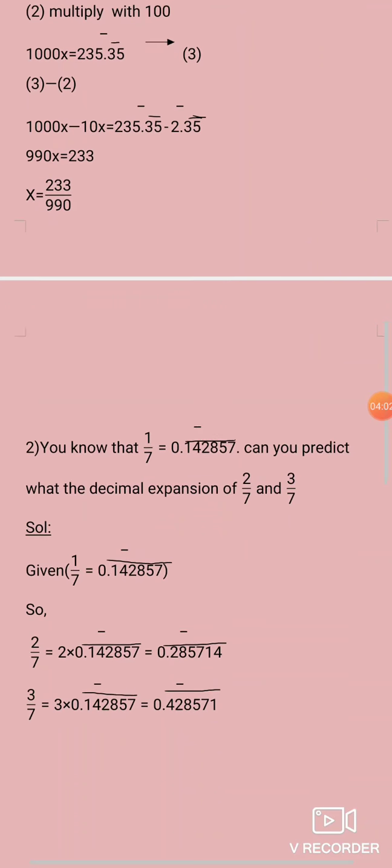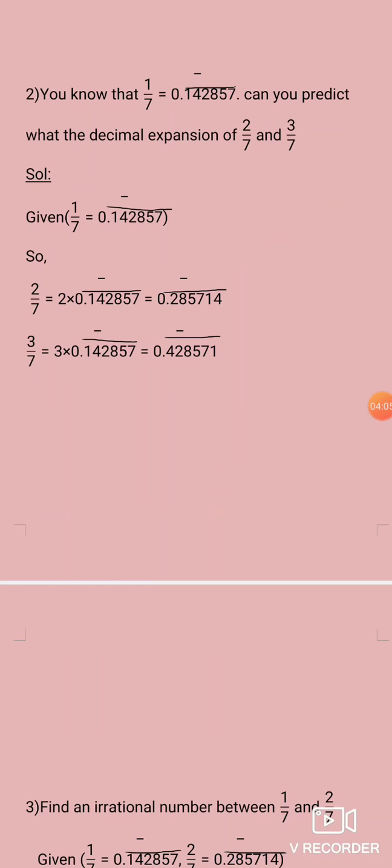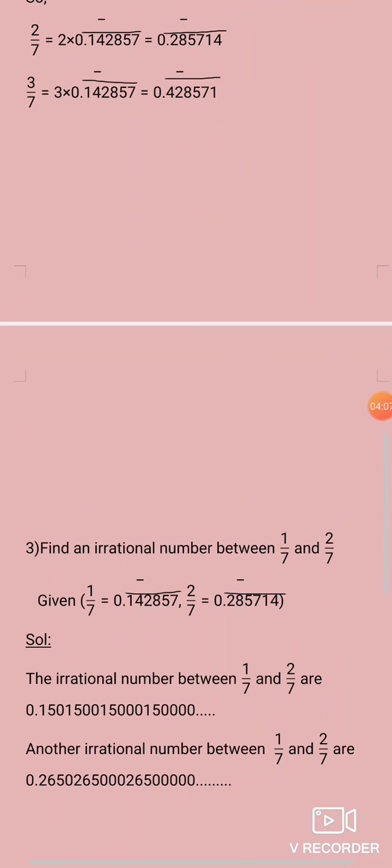Okay. Now the next question is: find an irrational number between 1 by 7 and 2 by 7. So we know the 1 by 7 value and the 2 by 7 value. Now listen carefully. What do you mean by an irrational number? Yes, the decimal form of an irrational number is non-terminating, non-repeating.